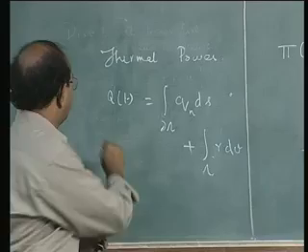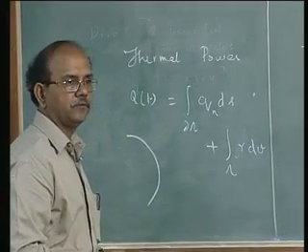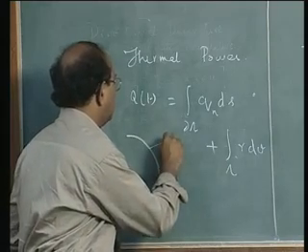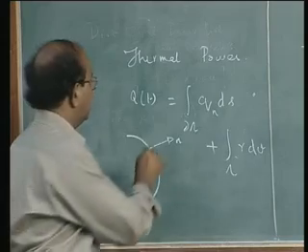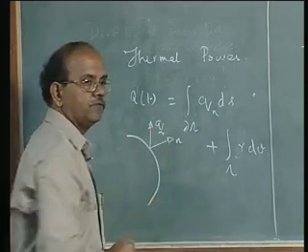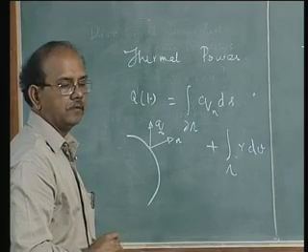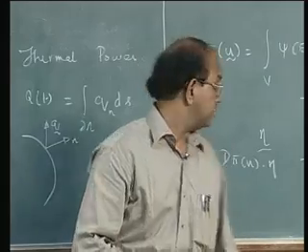So in other words, let's look at these terms carefully again. If we take a body and take a point here, let n be the normal, and let q be the heat flux.